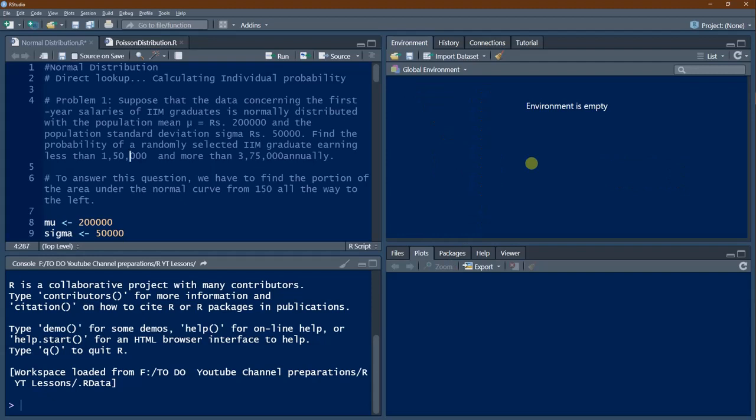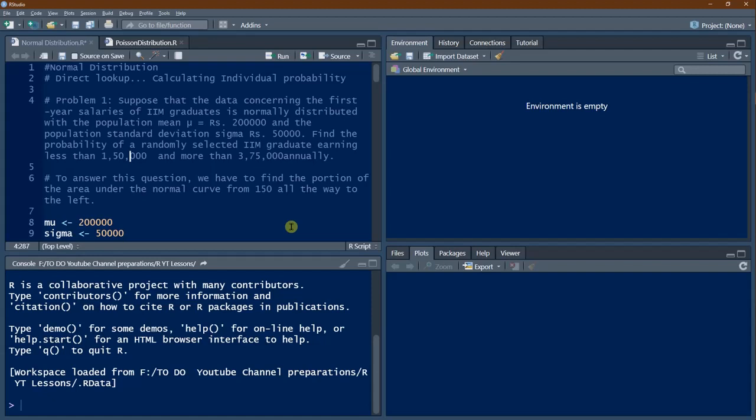We'll start with the normal distribution example, and here we have got a problem, that is the first year salaries of IIM graduates is normally distributed with the population mean mu, that is 2 lakhs, and the population standard deviation, that is rupees 50,000.